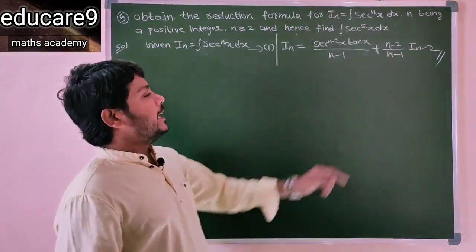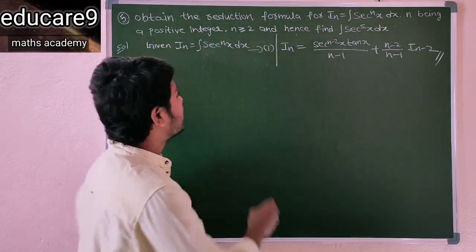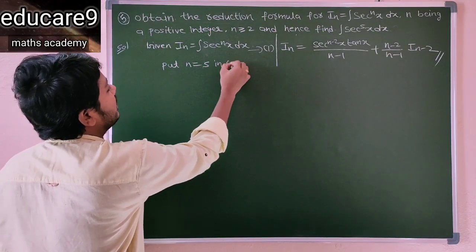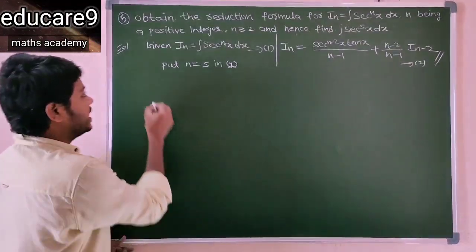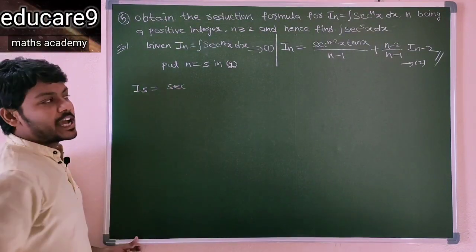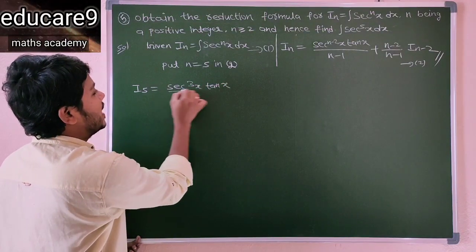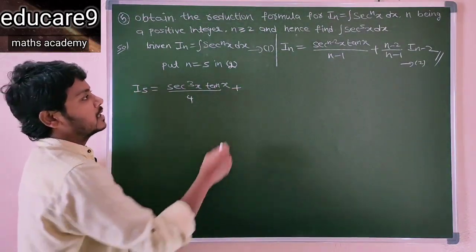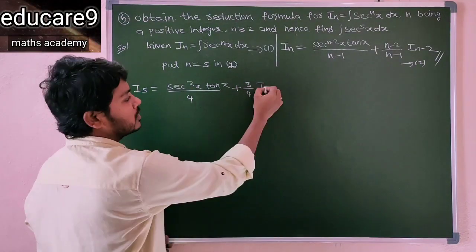So next find the integration of sec^5 x dx. So clearly in place of n, 5 is there. So put n equal to 5 in equation 2. So this is equation 2. So I5 is equal to sec^(5-2) x, that is sec^3 x tan x by (5-1), that is 4, plus (n-2) by (n-1), that is (5-2) is 3, (5-1) is 4, into I(5-2), so I3.